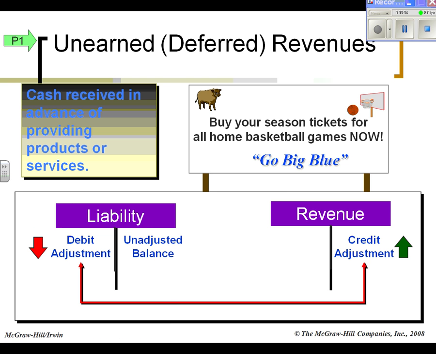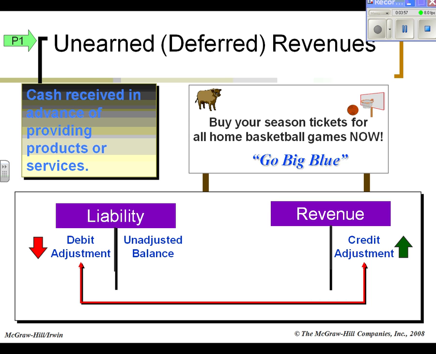All right, let's look at the revenue side. So we have our unearned deferred revenues, and remember, that's a liability account. The example they give us here is that cash is received in advance of providing products or services. That's the definition for unearned deferred revenue. But the example that they're giving us here is with a sporting team.